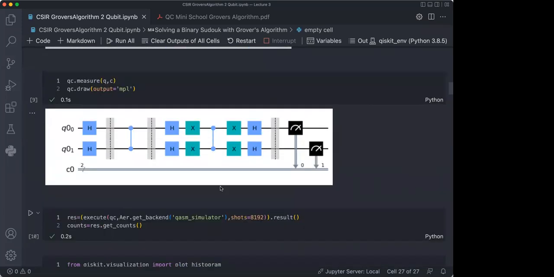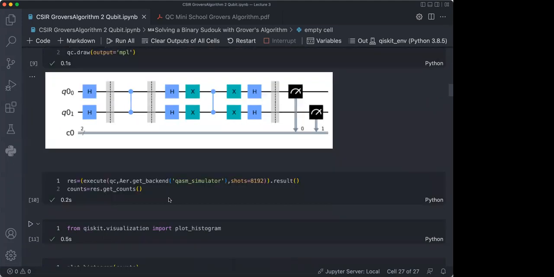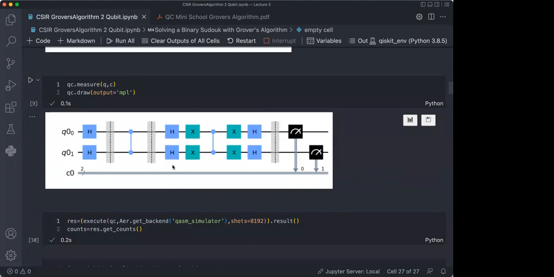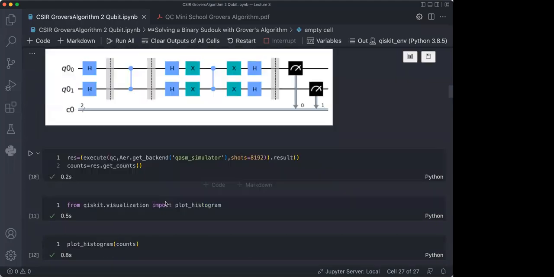Now I'm going to run this circuit for 8,192 shots. I'm going to use the QASM simulator and get the counts. Once I have the counts, I'm going to plot the histogram. I expect that we have the highest probability of our 2 qubits being in the state 1, 1. That means I've solved the unstructured search problem using Grover's.